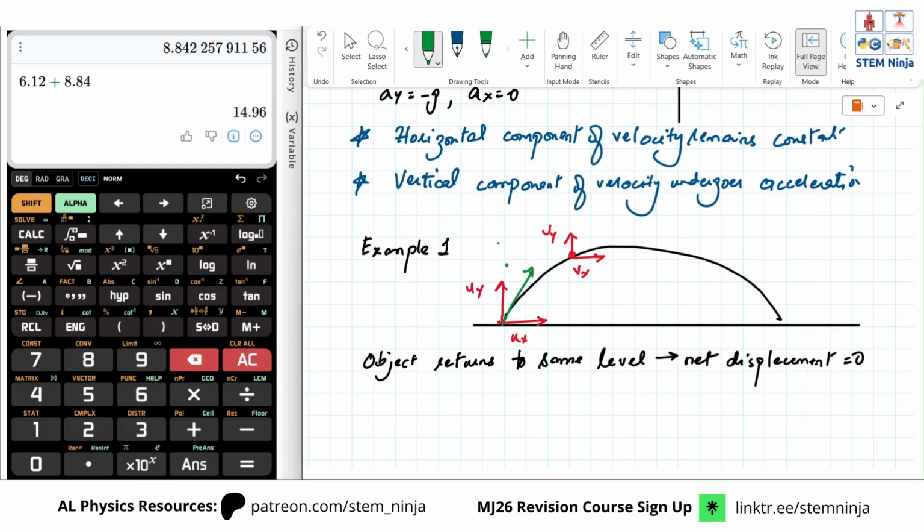Let's say u is 60 meters per second and the angle is, let's say, 30 degrees. We need to find out the maximum height attained. We need to find out the total range, which is the horizontal distance attained.